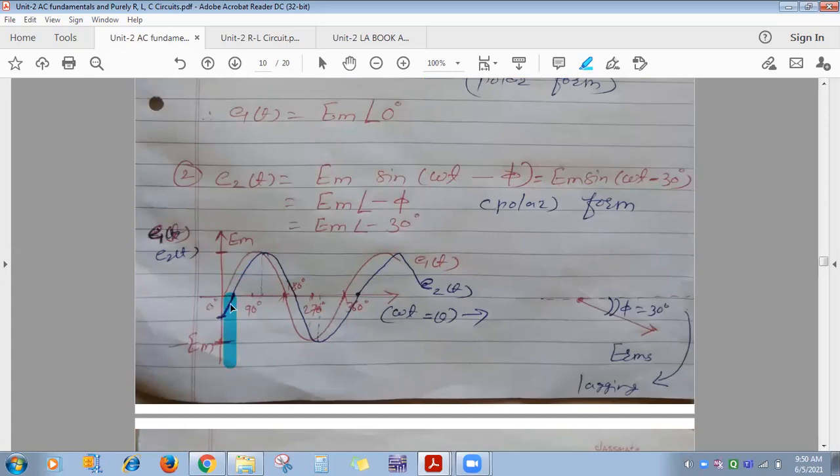And before 30 degrees, if you extend, you will find it has some negative value. E2t waveform, at the origin, please tell me whether it has 0 value, negative value, or positive value.